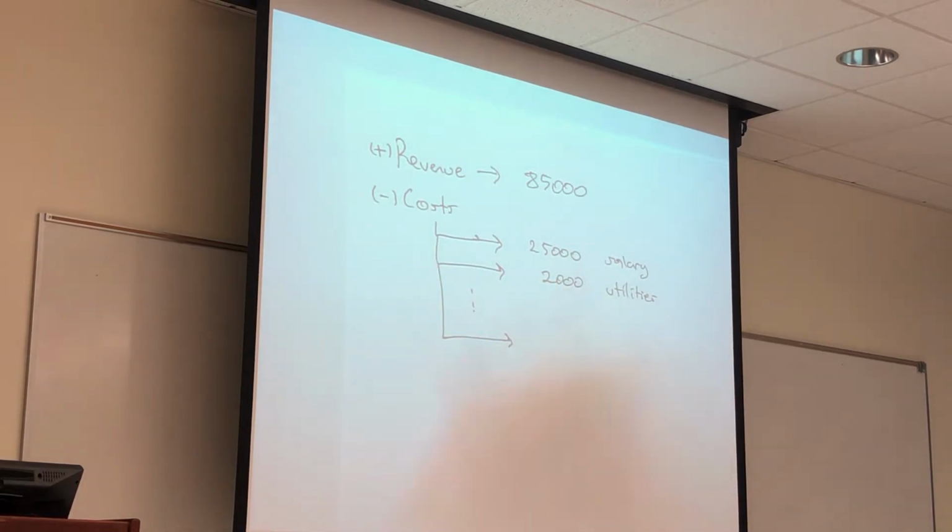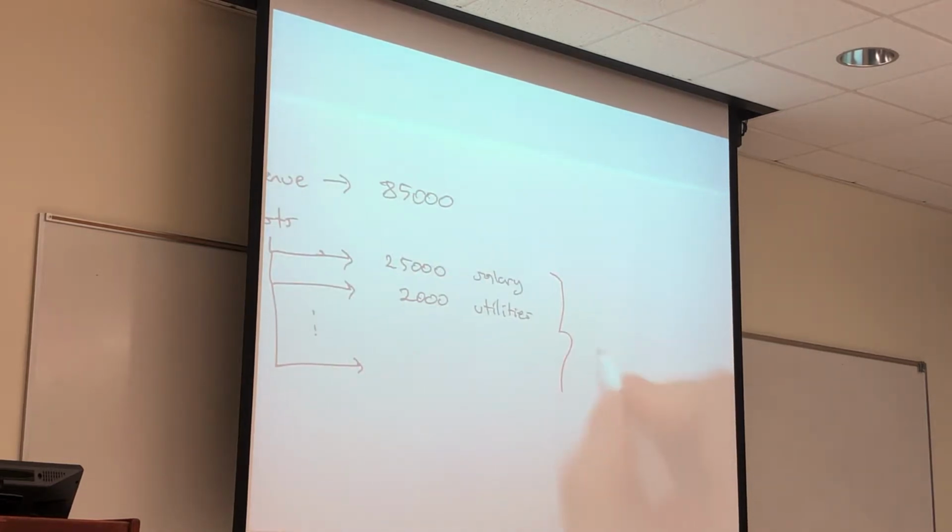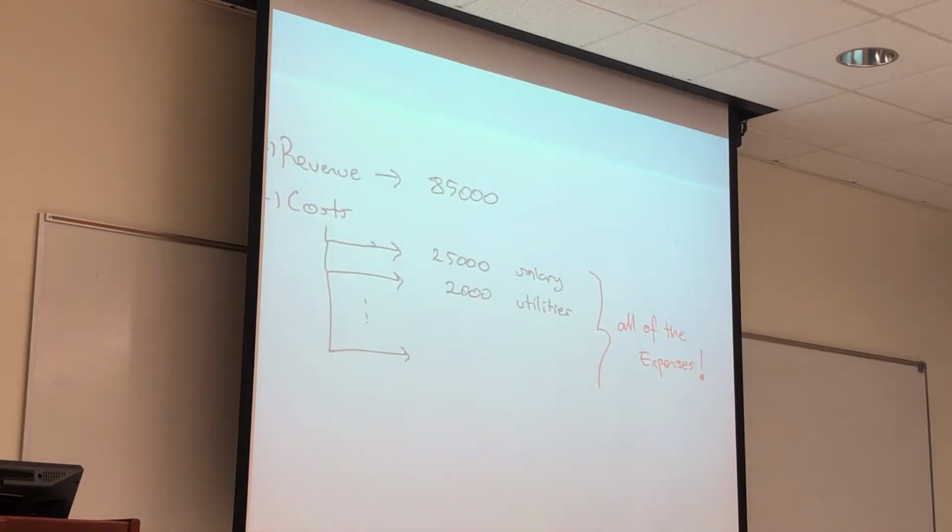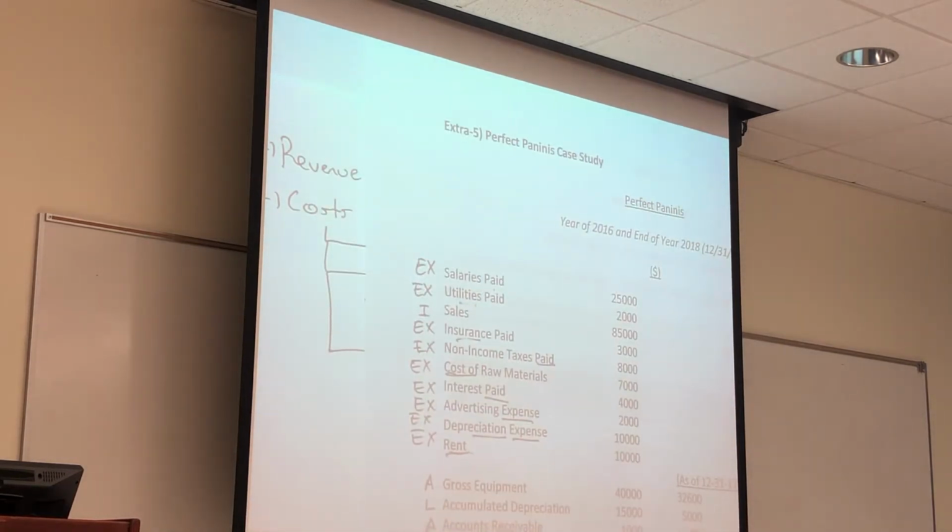Let's not spend a lot of time and say all of the expenses. Right? All of the expenses right here. Minus, minus, plus, minus, minus, minus, minus, minus, minus, minus.